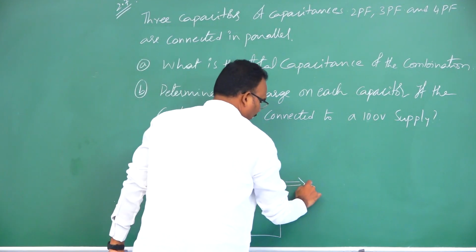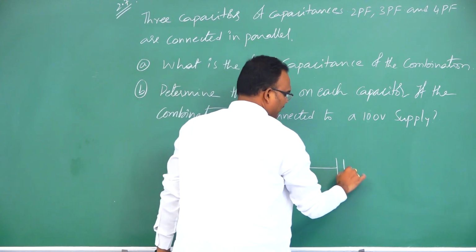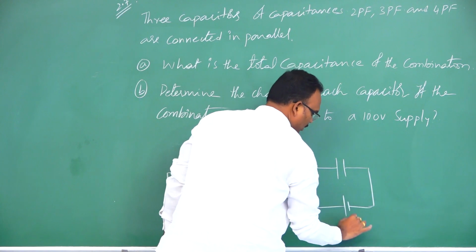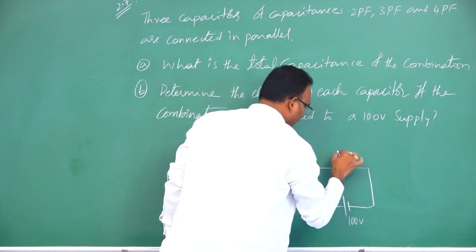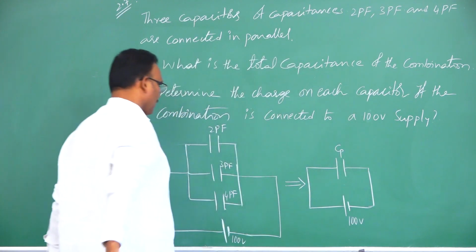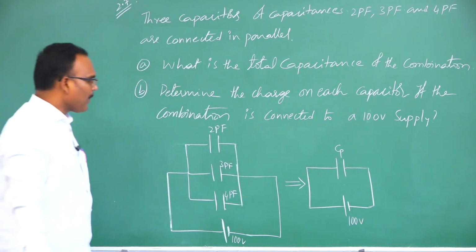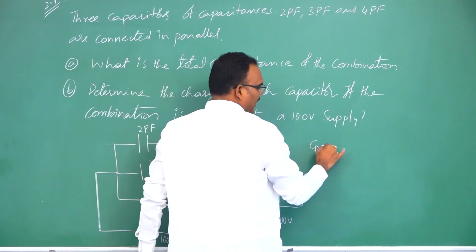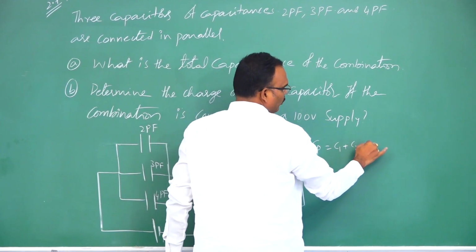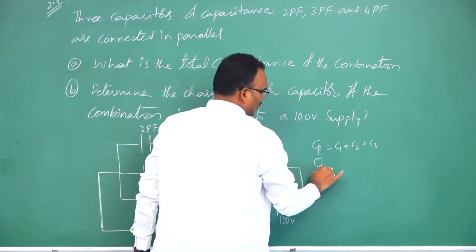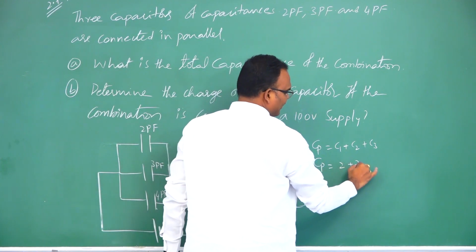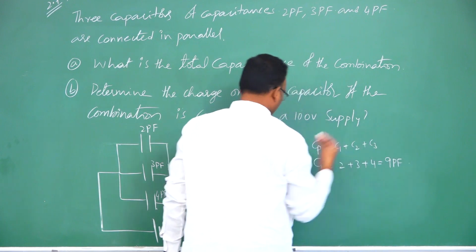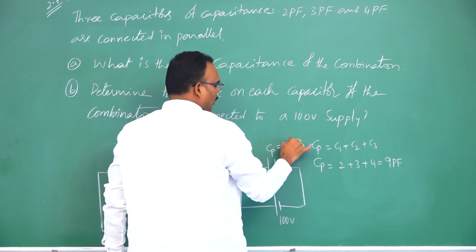That means first we have to draw the effective capacitance circuit diagram. This is 100 volt, this is C. Effective capacitance in parallel combination is Cp is equal to C1 plus C2 plus C3, we know. Cp is equal to 2 plus 3 plus 4, that is 9 picofarad. That means Cp is equal to 9 picofarad.